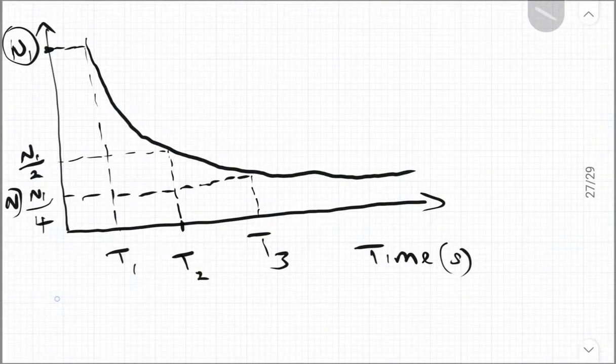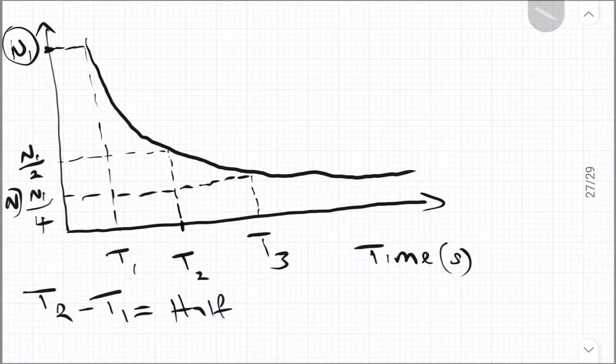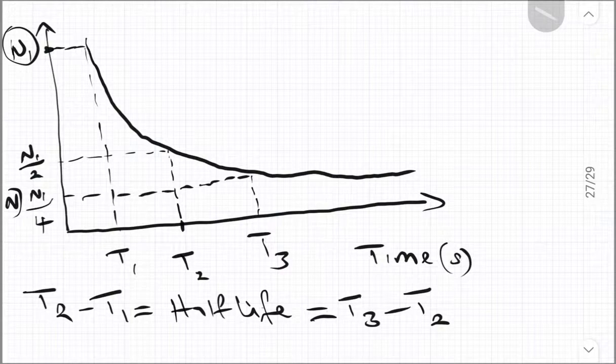So now the gap between T1 and T2, I mean T2 minus T1, is actually called the half-life of the radioactive material. It is the same number for T3 minus T2. So irrespective of which one you take, T2 minus T1 or T3 minus T2, it will still give you the same half-life.